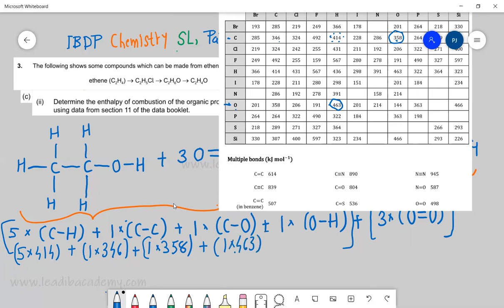So this takes care of ethanol. And now moving on to the oxygen, there are 3 numbers of O double bond O. We can clearly see that it is 498. Take out your calculator and let's calculate. So this number works out to be 4731 kilojoules per mole.